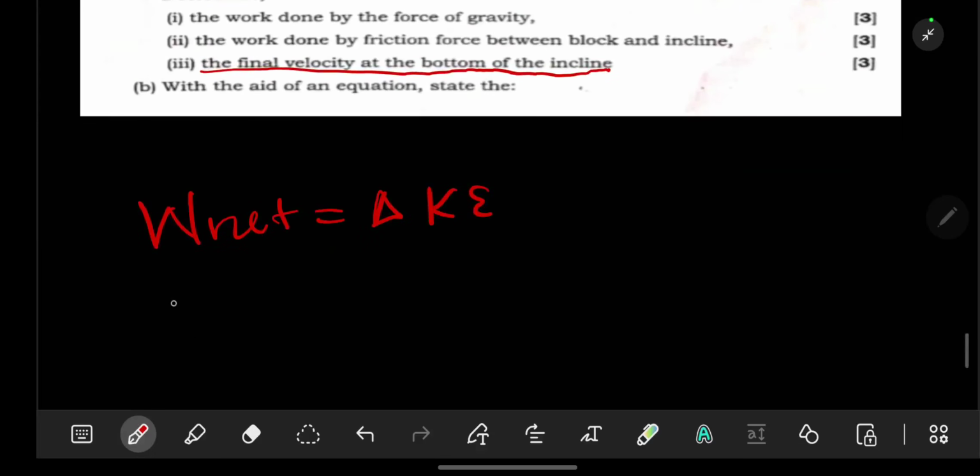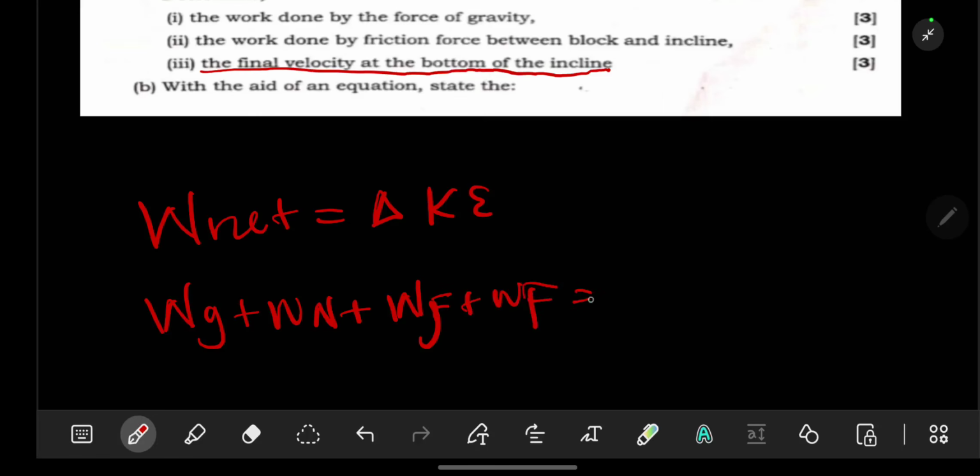The net work done will be the work done by gravity plus the work done by the normal plus the work done by friction, plus the work done by a force, if any, but there's no force.